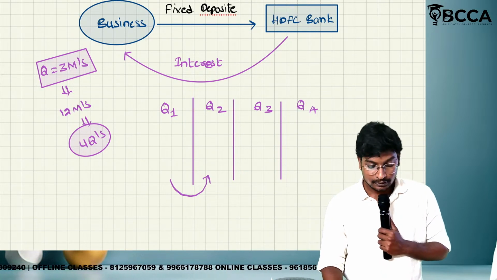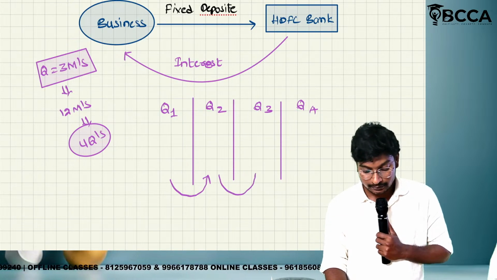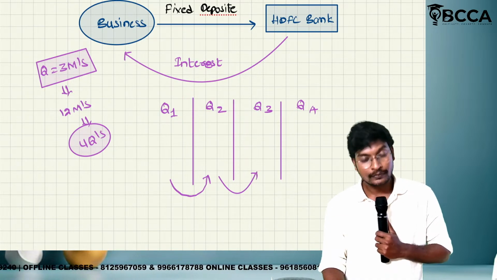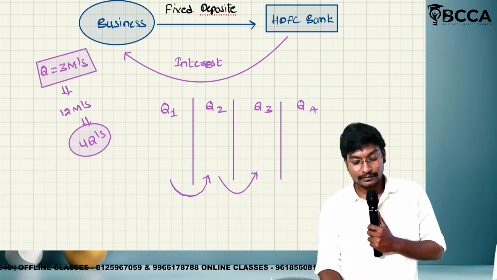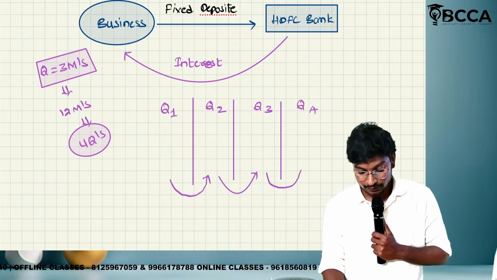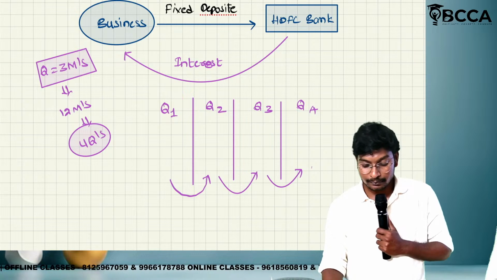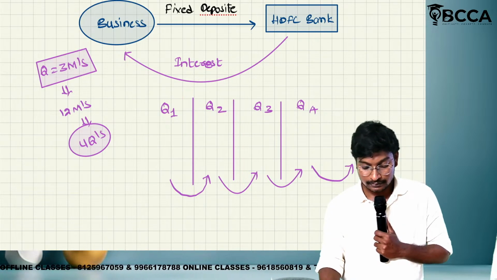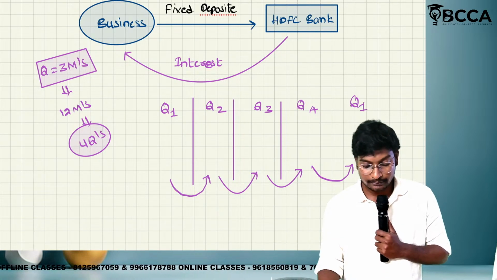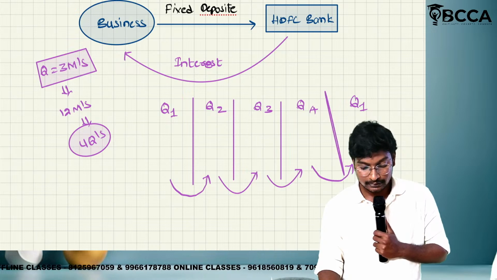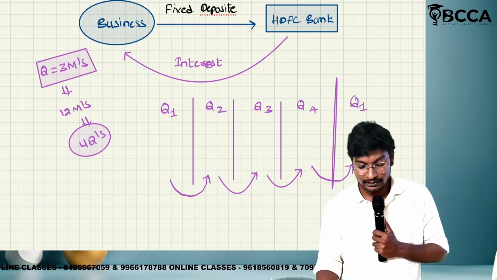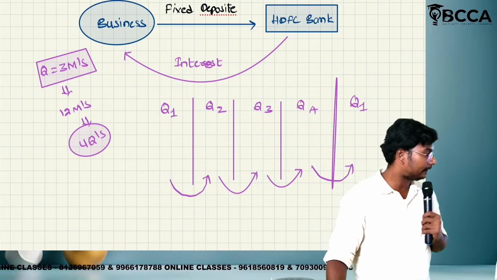Quarter 2 interest will be received in quarter 3. Quarter 3 interest will be received in the 4th quarter. Then the 4th quarter interest we will get at the beginning of next year's quarter.